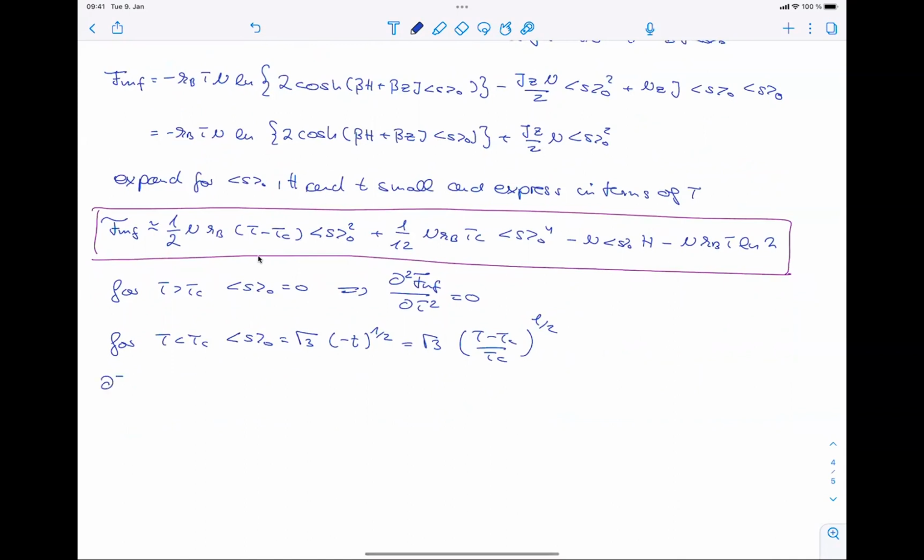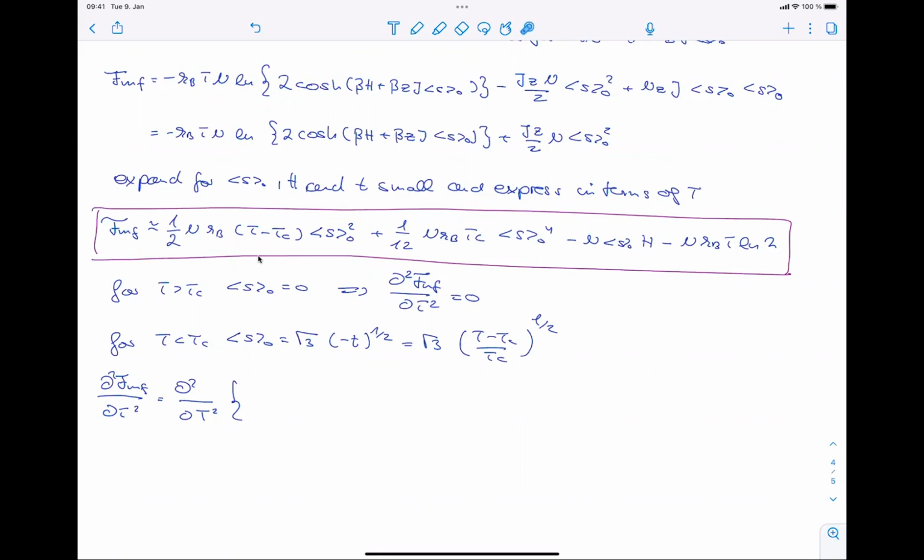And so in this case, what we need to do is to take the second order derivative of this. Okay, and now let's just plug it all in.